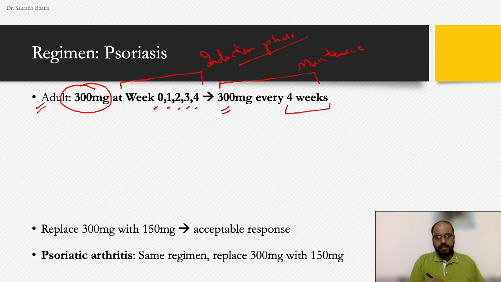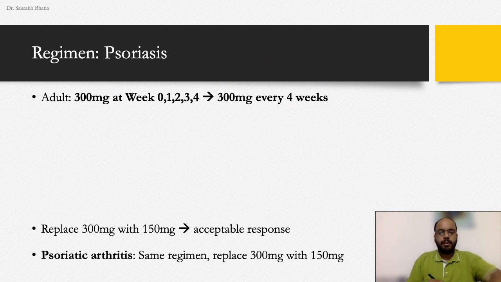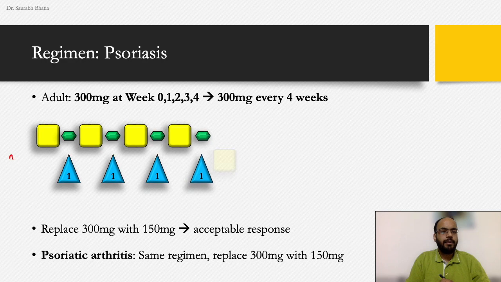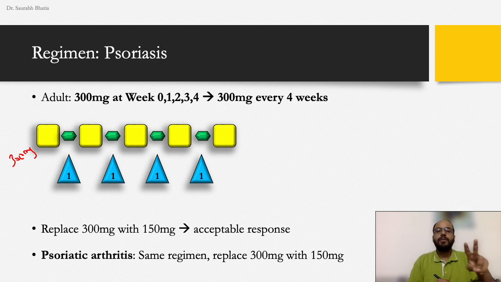So induction phase: 5 doses, every dose 1 week apart. After that, every 4 weeks you give 300 mg, and that is known as the maintenance phase. Clear? Now each box is 300 mg of Secukinumab. Remember that auto injector pens and the syringes have 150 mg. That means when you are giving 300 mg, you have to give 2 of those syringes.